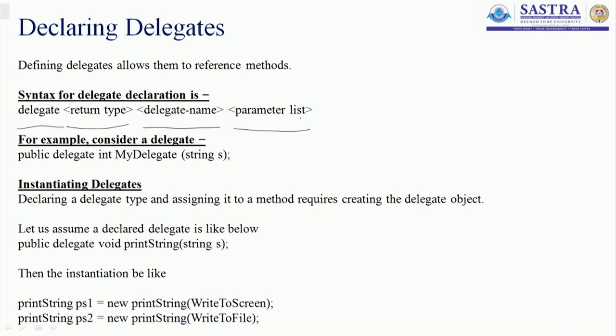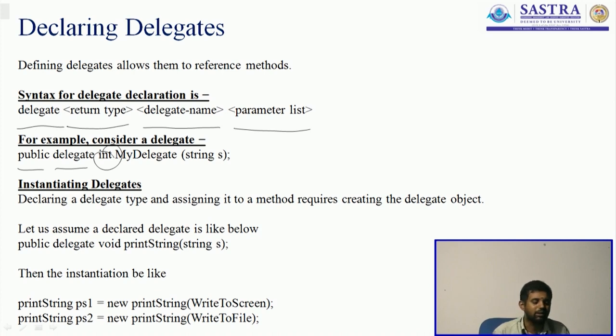Here the access specifier public has been provided, then the keyword delegate, and the return type is int, then the delegate name, which is MyDelegate, and as a parameter list we have passed only one argument, which is a string object, right? So this is a simple example of how a delegate can be declared.